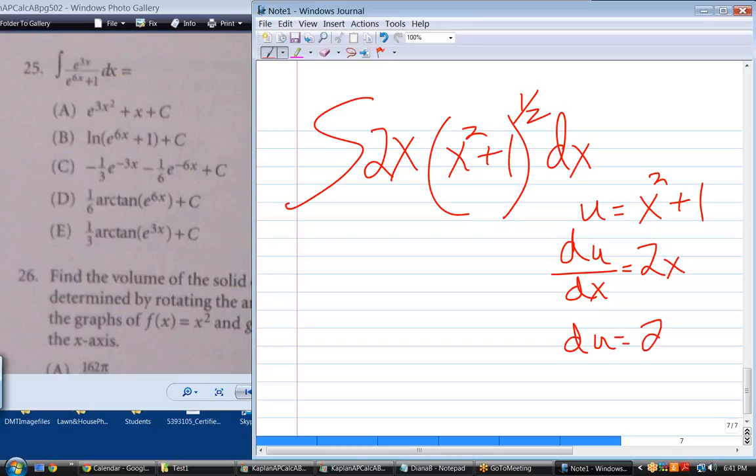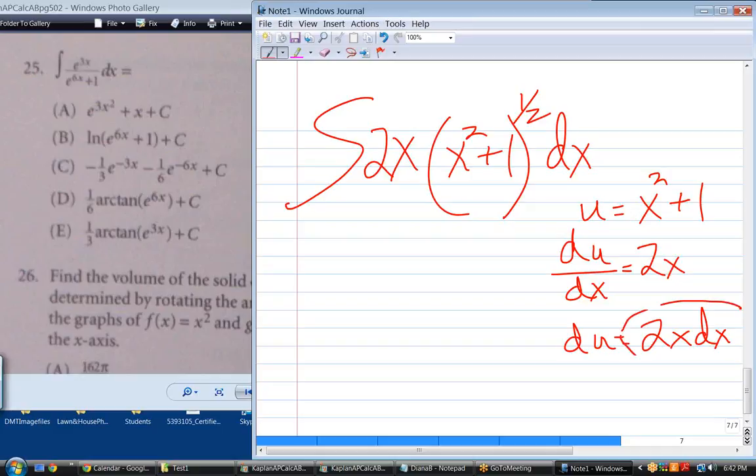So that's what we get. Now, we could do it the way we've been doing these and solve this for dx, which puts the 2x in the denominator, going to cancel out with that. But there's actually a little bit of a shortcut that can save a couple of steps here.